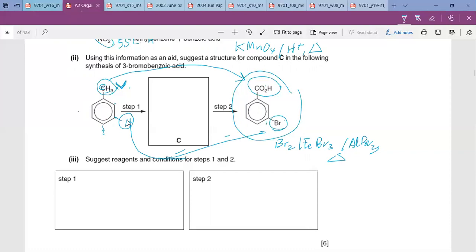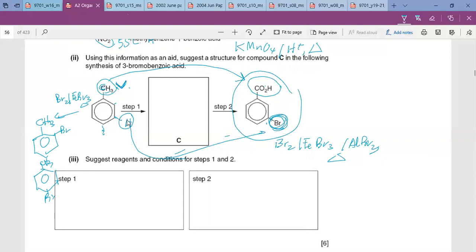So if you put Br2 and Fe Br3 and heat, you get this one here, CH3, and you can put it here or at the bottom. You cannot get it on this side here, on the third position. So you won't get an answer.